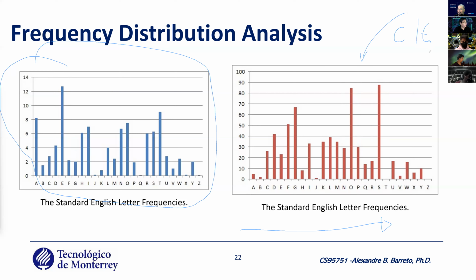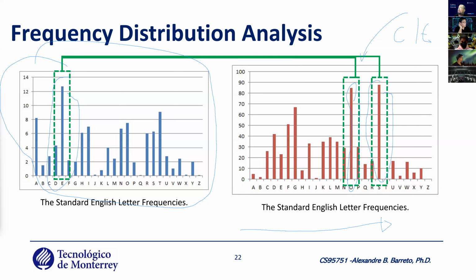Did you understand? What you're looking for, for example: the most frequent letter is the letter E. And here you have two, the letter S and the letter O. What you need to do? You replace, in the ciphertext, the letter E in the place of O first, and check if the document makes sense for you.